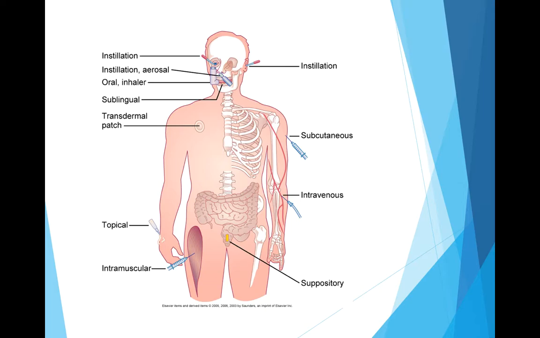And I want you to review that very closely. It talks about the advantages and disadvantages of each route, and I want you to really do a good review on that. It's a great resource for you.